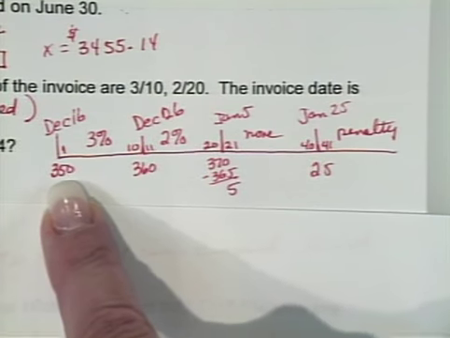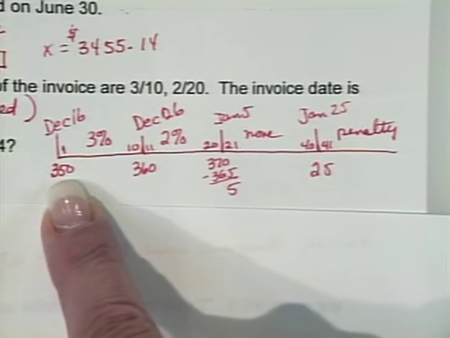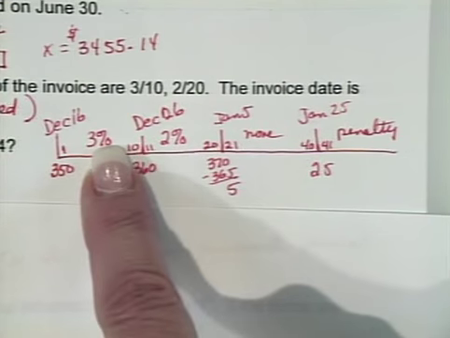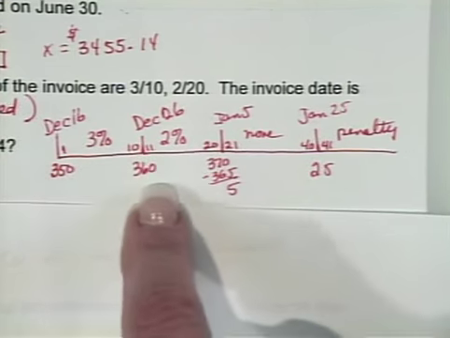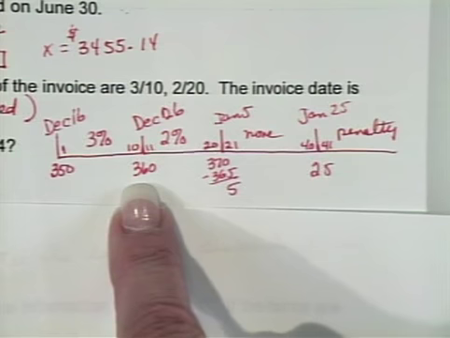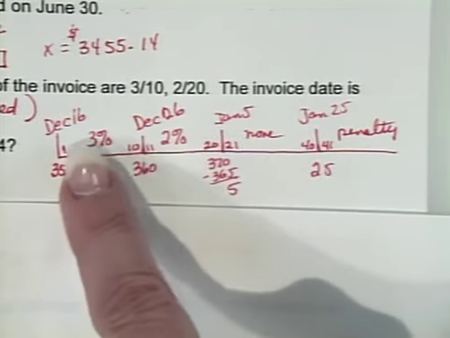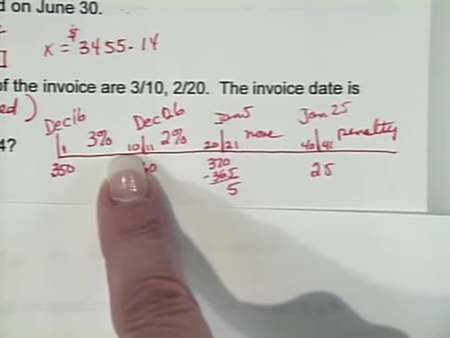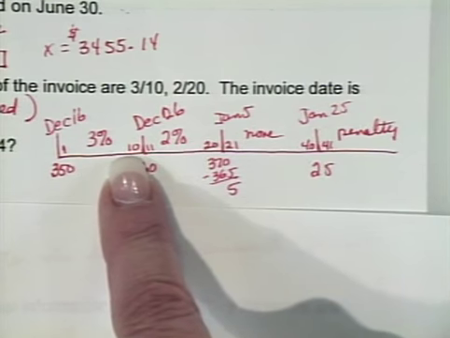We're not going to mess with this being a leap year at this point. Okay. I've got a 3% discount for 10 days. So 10 days later is day 360. What day is day 360? December 26th. So you could take a 3% discount up through December 26th.